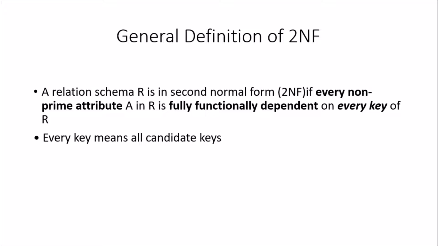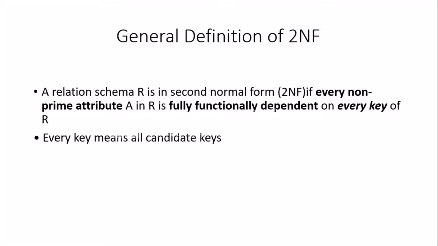In the previous case we defined second normal form as every non-prime attribute A in R being fully functionally dependent on the primary key of R. Now we are extending that to every key of R. You consider all candidate keys of the relation, and every non-prime attribute A in R must be fully functionally dependent on every key of R. So here, every key means all candidate keys.